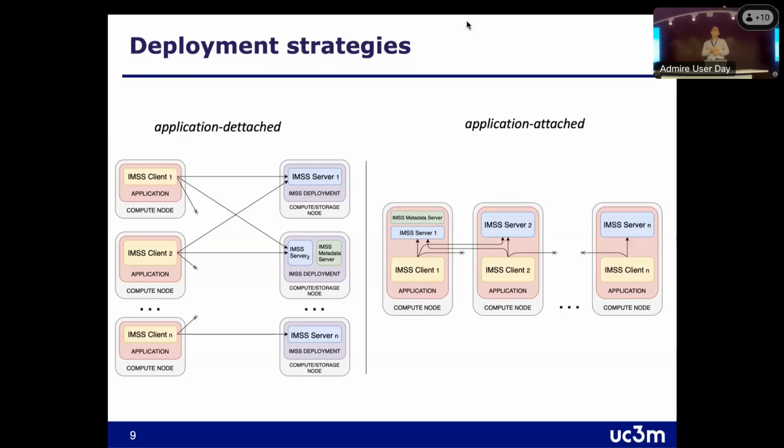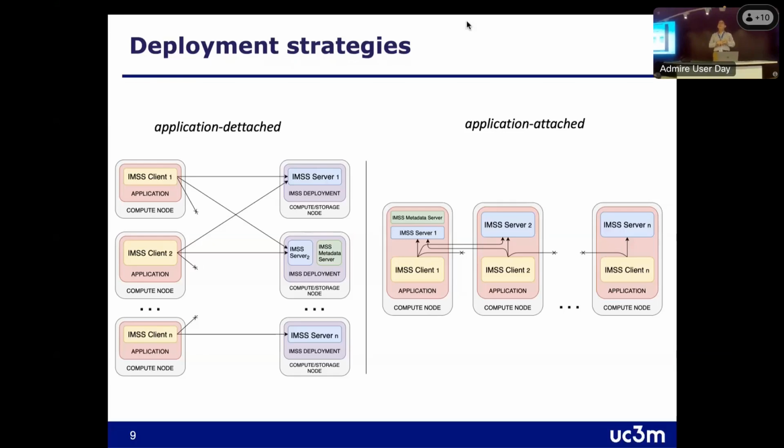If we want to avoid that, we can use the detached deployment, where the servers are separated from the application. Then we have the servers in different nodes, and we can deploy several applications. For example, using Slurm, we can deploy a job with several steps, and the different steps can use the same servers without any problem. Even if one step is over and another step starts, for example in a workflow, they will use the servers, and as the servers are not killed, the information will be there.